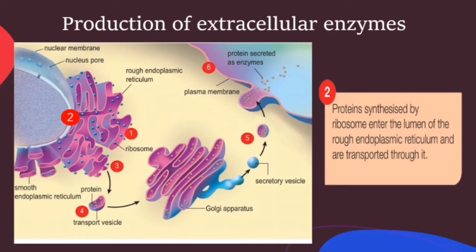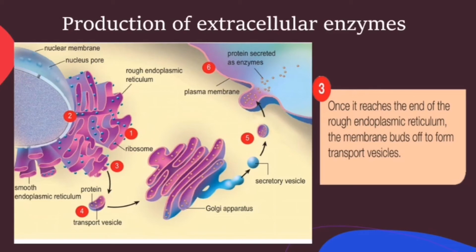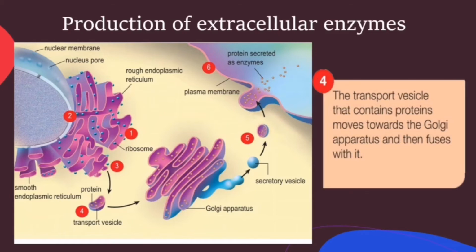So through the rough endoplasmic reticulum, protein is transported until it reaches the end of the rough endoplasmic reticulum. Once it reaches the end, the membrane of the rough endoplasmic reticulum will burst off and will form a transport vesicle. Later, the transport vesicle that contains proteins will move toward the Golgi apparatus and then fuse with it.